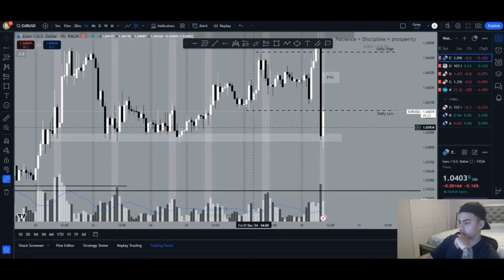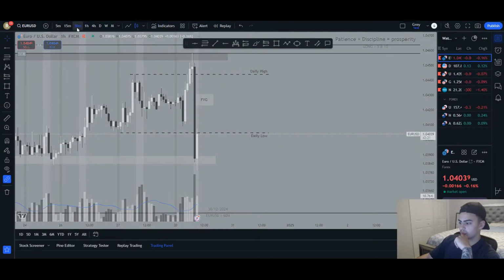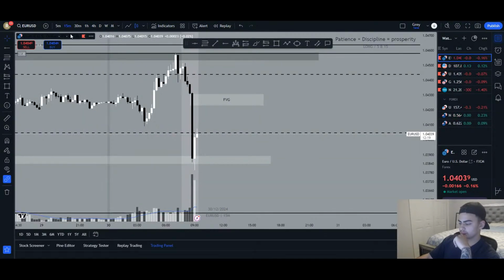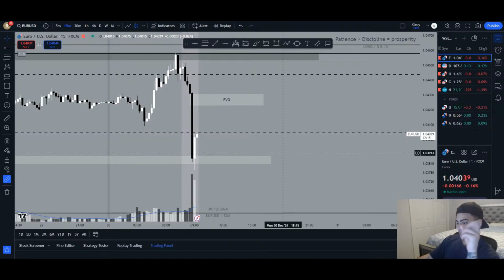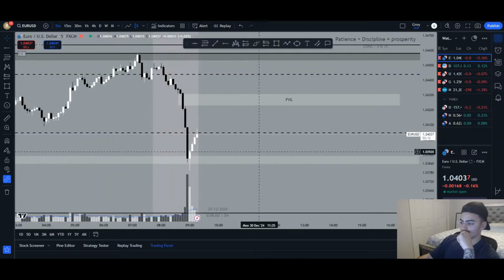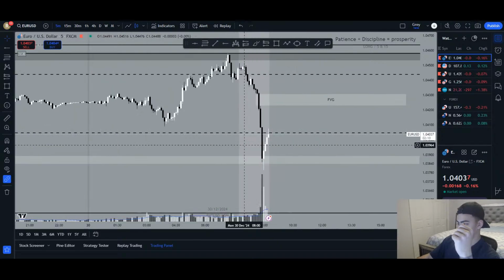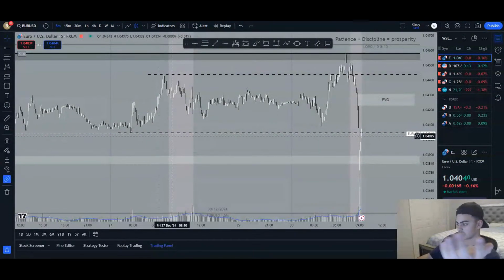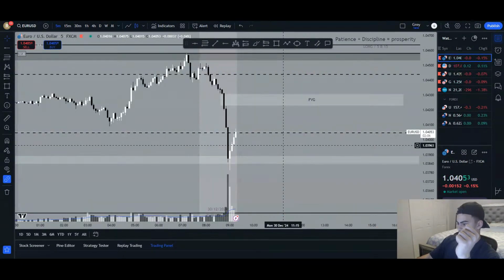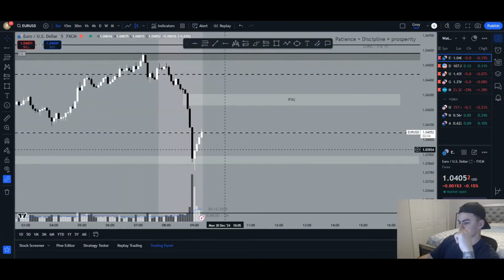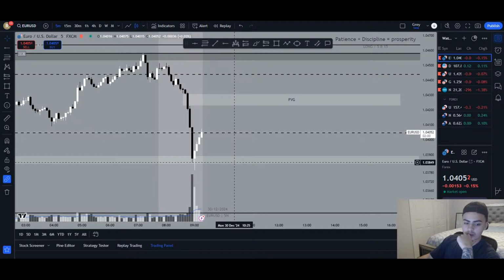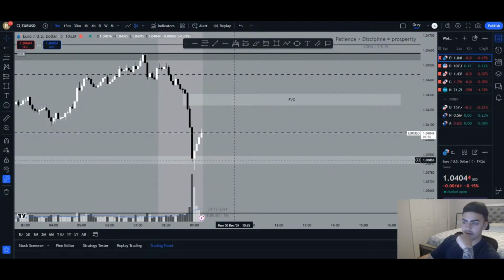Bounced off of here. Right now the 15 minute is manipulating the daily low, which it could actually just do, manipulate it, because it's still the daily low. No bottom wick, no bottom wick, no bottom wick. Wow. Okay. So yeah, I'm expecting a reversal here, a heavy reversal.